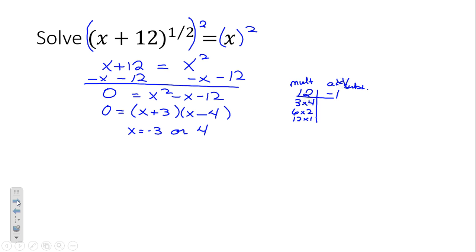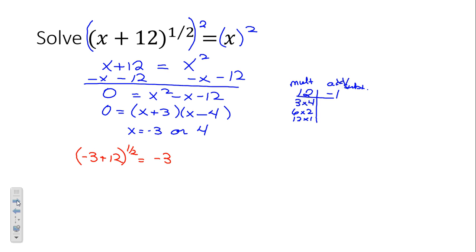So let's see, does original equation negative 3 plus 12 to the 1/2 power equal a negative 3? Negative 3 plus 12 is 9. 9 to the 1/2 is the square root of 9, right?